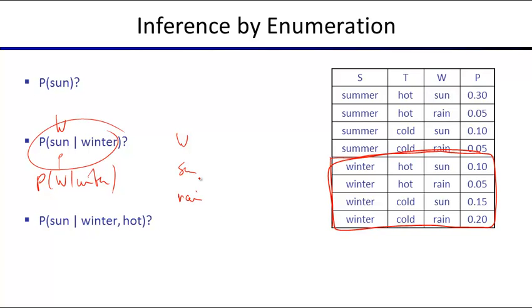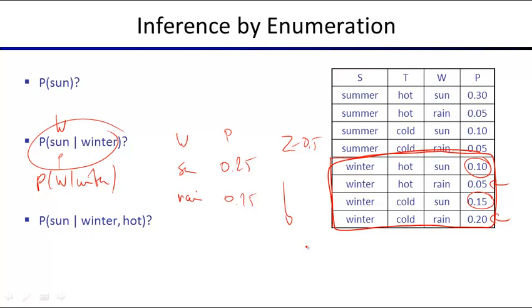The evidence variables are already fixed. Then we have to sum the consistent entries we have for sun, 0.1 and 0.15. Summed together is 0.25. For rain we have these two, also 0.25. Now we normalize, Z is 0.5.